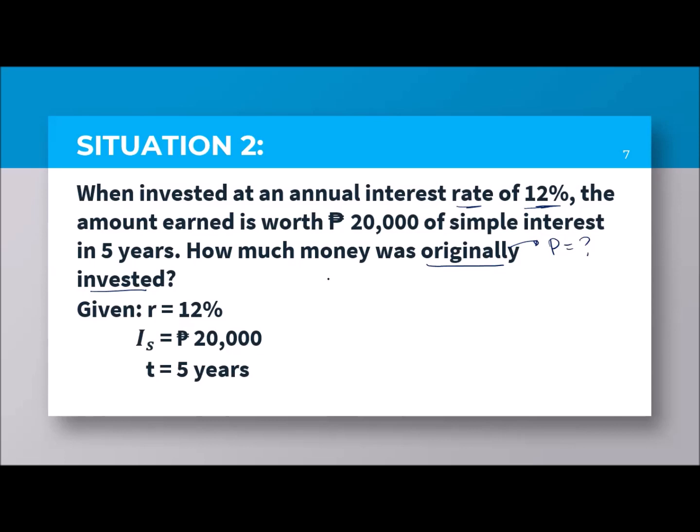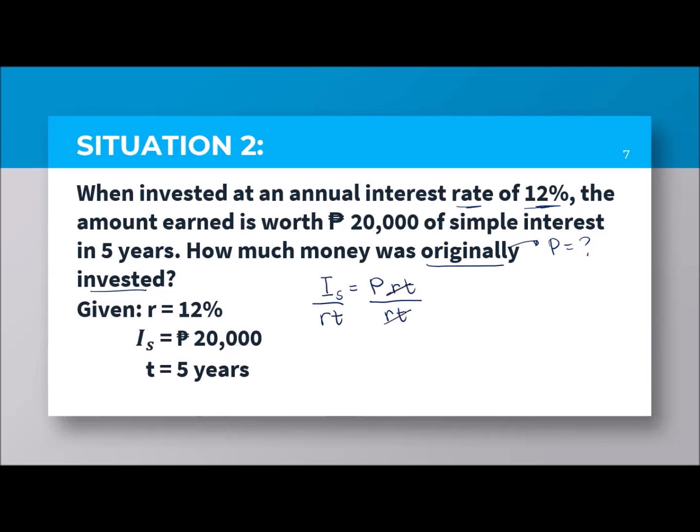Okay? So, dahil dito, balikan natin yung original formula. So, that is I sub S is equal to PRT. Dahil hinahanap natin yung P, ibig sabihin, hindi natin kailangan yung R and T dito sa side na to. So, kailangan natin lang siyang i-divide. So, tawag dito is yung derivation na binabanggit ko kanina.